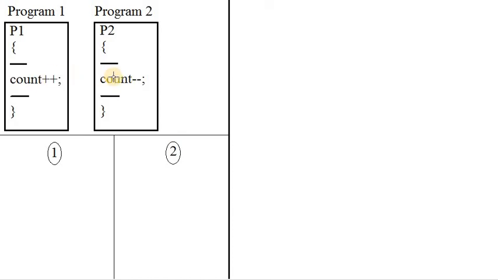But both of the programs are sharing the same data. We call it sharing the common variable called count. Now let us see what sort of problems may arise when two programs share the same common variable.